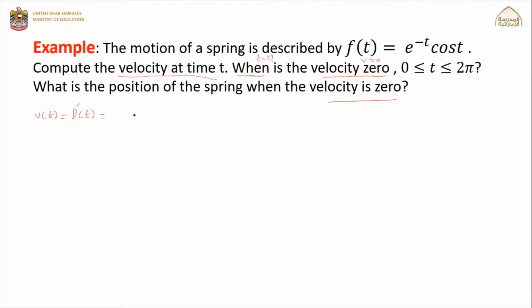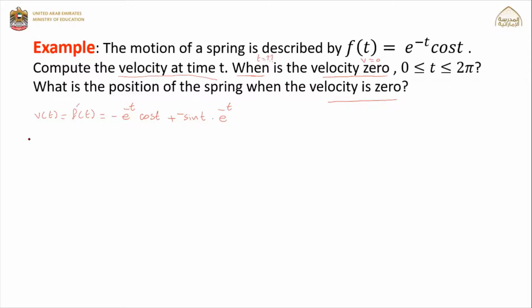Derivative of e to the power negative t is negative e to the power negative t times cosine t, plus derivative of cosine, which is negative sine t, times e to the power negative t. This is the velocity.